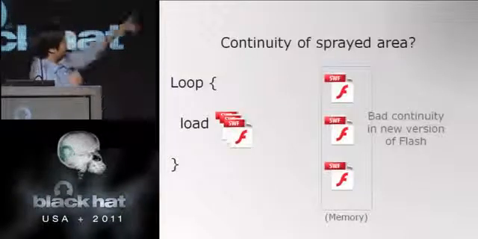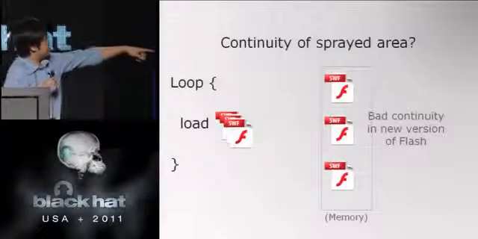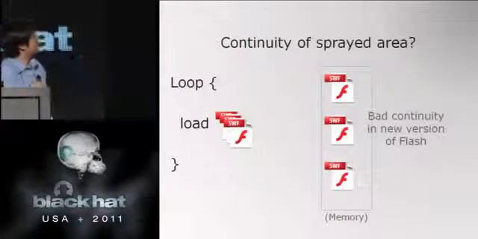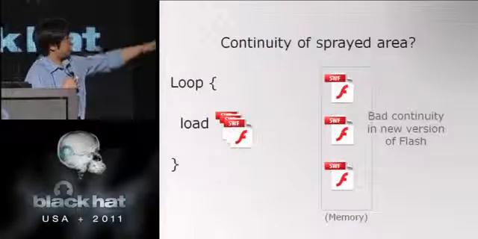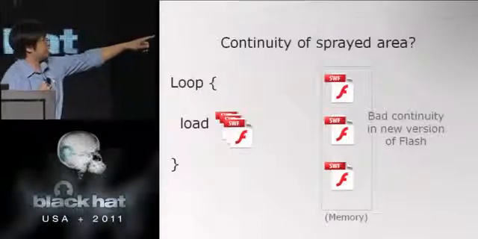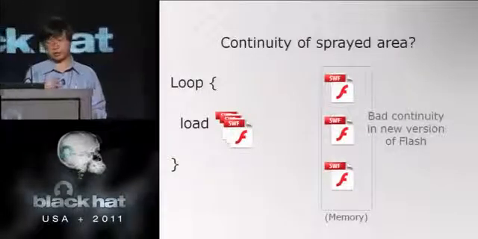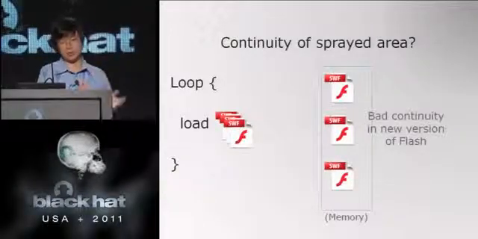Like this, in a loop it loads the same Flash file, and in memory you will see a lot of copies of the file. But in the new version of Flash, the continuity is bad. The copies will be separate, not in the same area.